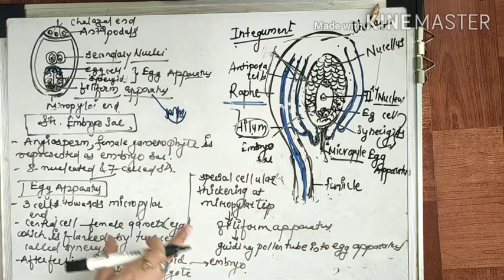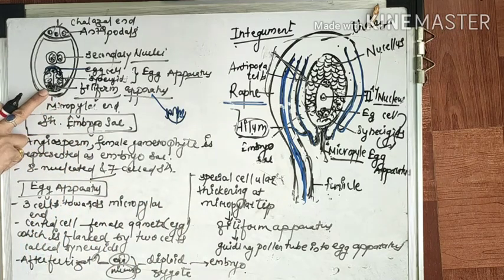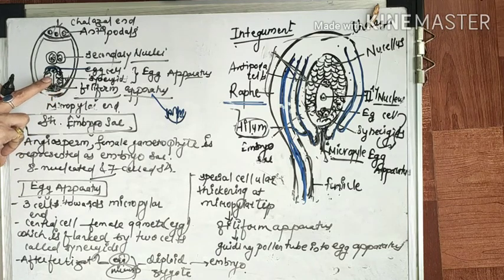What is the main importance of that structure? It guides the pollen tube, so that with the help of the pollen tube, the male gamete enters inside and fertilization takes place. So this is all about the egg apparatus.